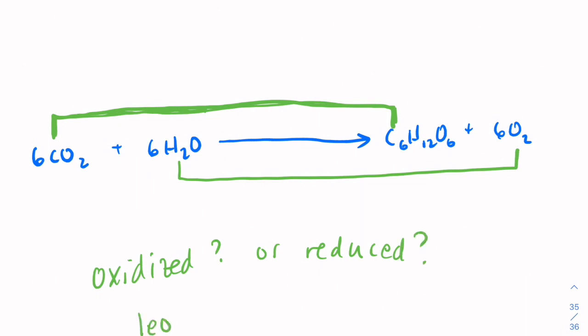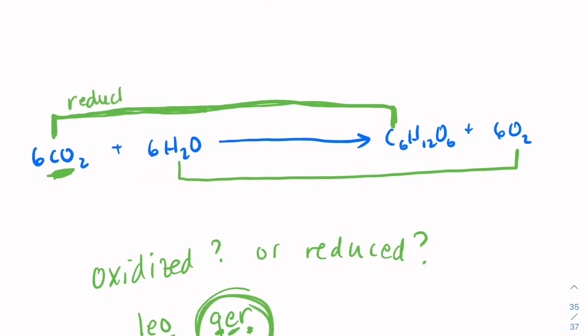Remember, Leo goes grr. If you lose an electron or hydrogen atom, you're being oxidized. If you gain an electron or a hydrogen atom, you're reduced. So over here, is carbon dioxide gaining or losing hydrogen atoms? Oh wait, it's gaining them. So this is the reduction.